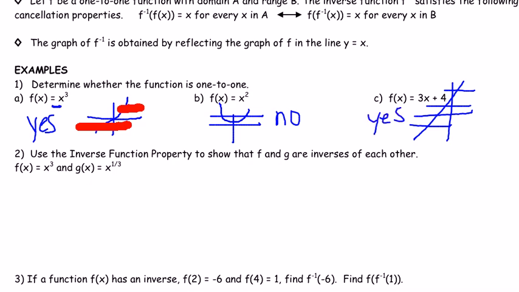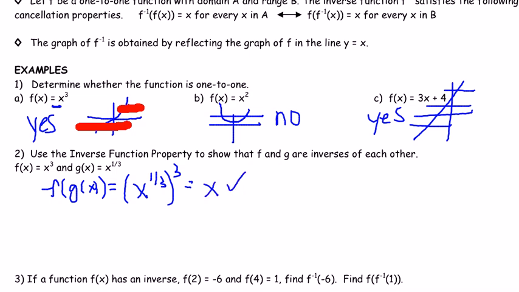Alright. On the next example, we want to use the inverse function property to show that f and g are inverses of each other. This is that algebraic test I was talking to you about. So let's do f of g of x. We're going to take f of x, open that up, and insert g of x inside, simplify, and it does simplify to x.